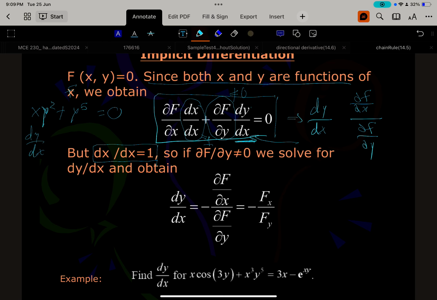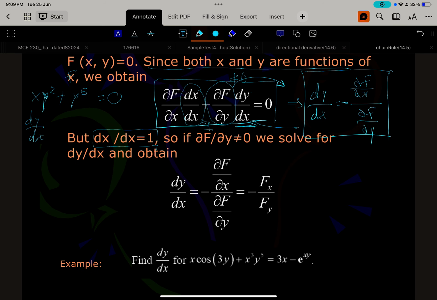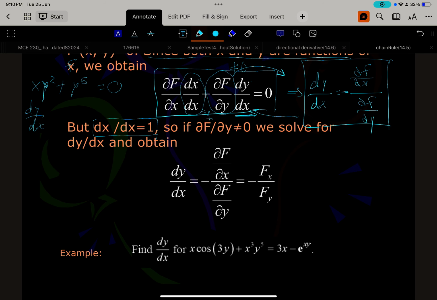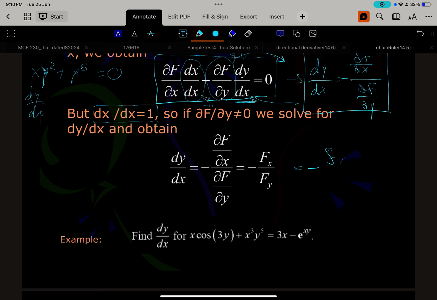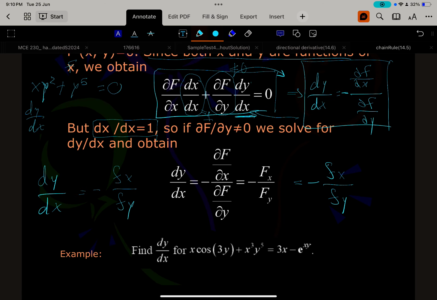And we don't forget this minus sign since we move it to the other side. So this is basically a formula. Minus partial derivative of f with respect to x over partial derivative of f with respect to y, which is basically minus fx over fy. And that's how we get our implicit derivative.